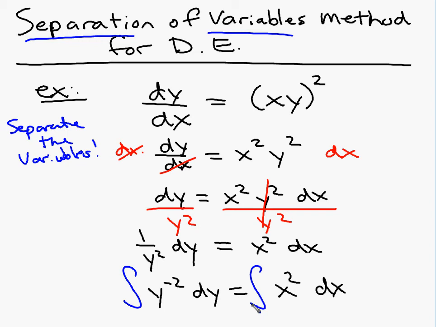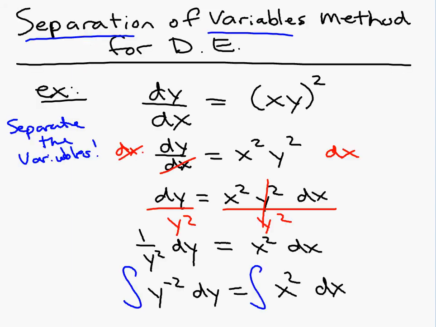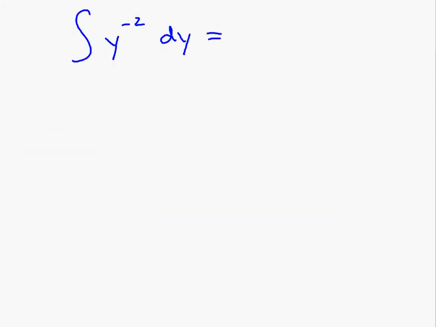So I have the integral of y to the negative 2 dy equal to the integral of x squared dx. Okay, that's where we are right now. So let's just go ahead and proceed with our integration here.